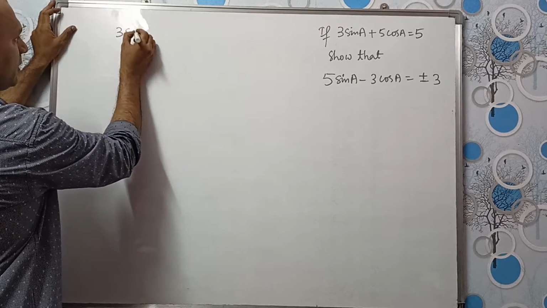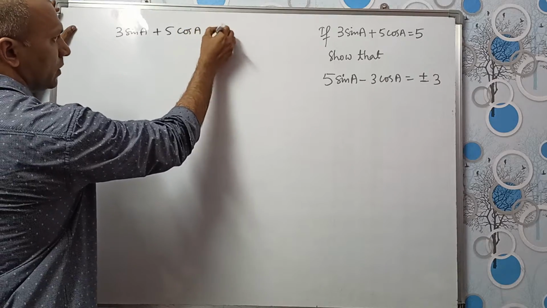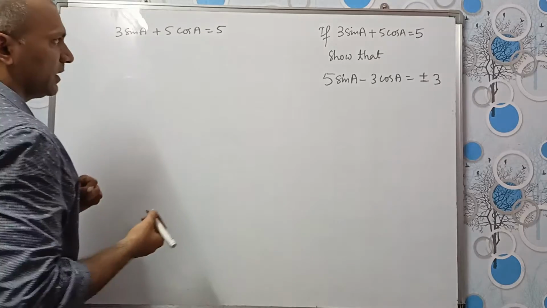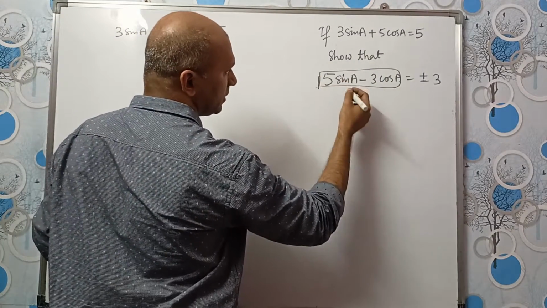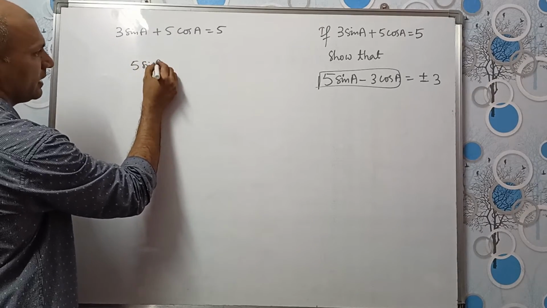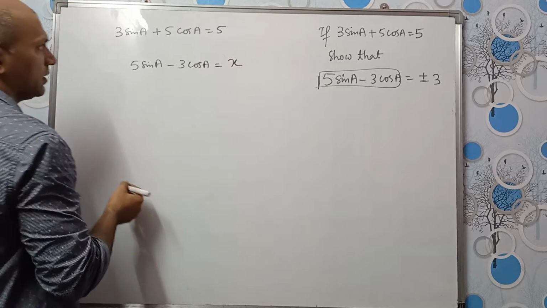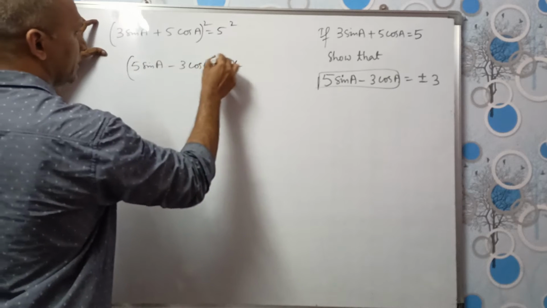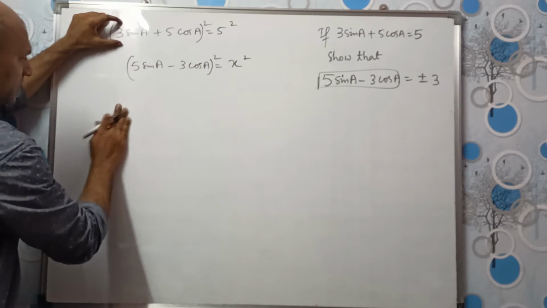See, it is 3 sin a plus 5 cos a is equal to 5. Okay. This is one equation given. Now, we need to find this, right? So let this be equal to x. So 5 sin a minus 3 cos a is equal to some x. Squaring on both sides and adding. Okay. So this squaring will be equal to how much? 3 square is 9.